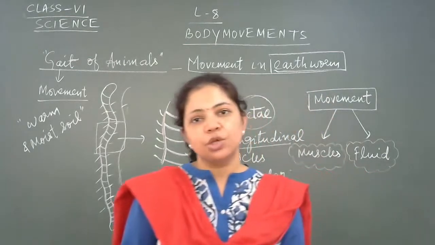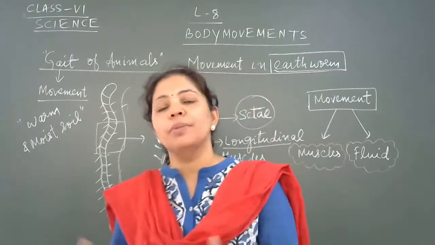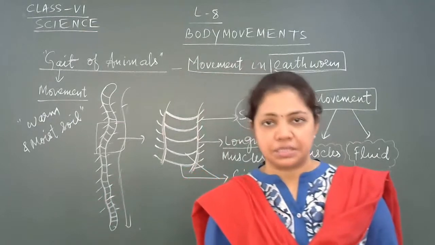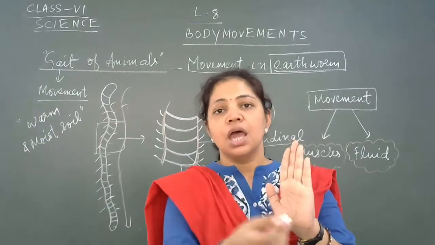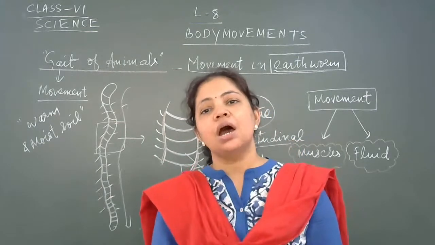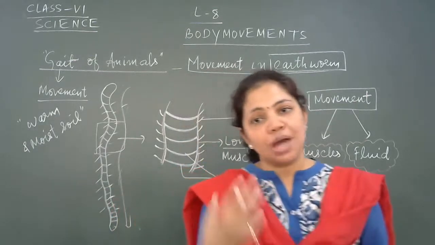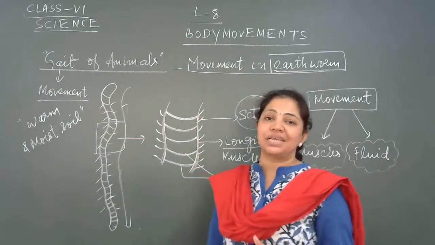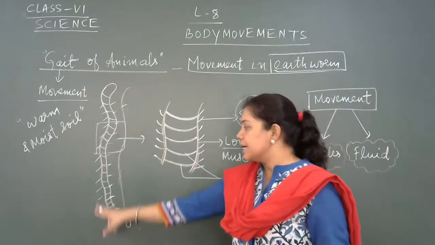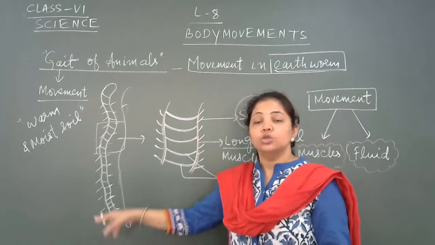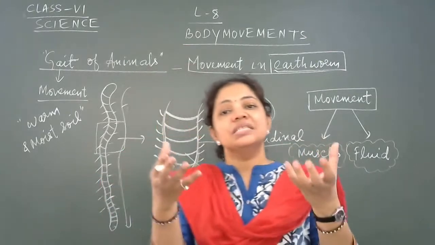आप इसको कैसे कंपेयर करेंगे? जैसे आपने स्पोर्ट्स शूज देखे होंगे जो एथलीट्स पहनते हैं. You might have seen those sports shoes which athletes normally wear while running in a race. Those shoes on their soles have spikes, and those spikes especially are built in there to provide a strong grip to the person who is going to run in the race. तो ऐसे ही अर्थवॉर्म की बॉडी की साइड में हेयर जैसे स्ट्रक्चर्स होते हैं सीटे. तो जब अर्थवॉर्म अर्थ के ऊपर, लैंड पे चलता है, तो ये सीटे क्या करते हैं?